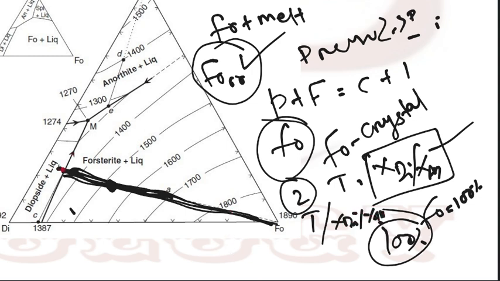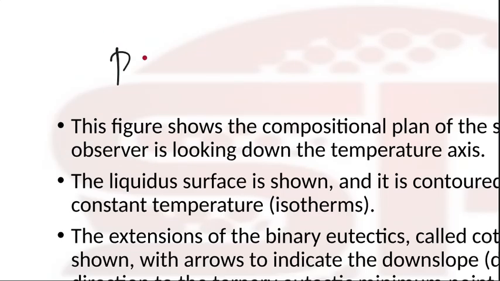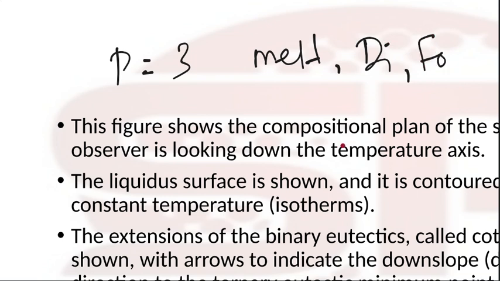Now when the crystallization process is joined by dioxide, when phosphorite and dioxide both crystallize, then this will be the path. Now there are 3 phases: one is melt, another is dioxide, another is phosphorite.